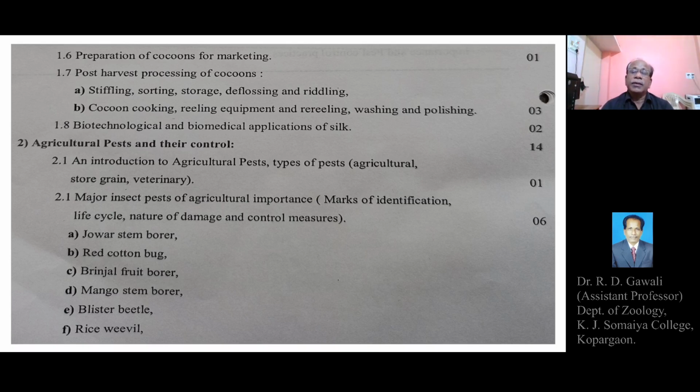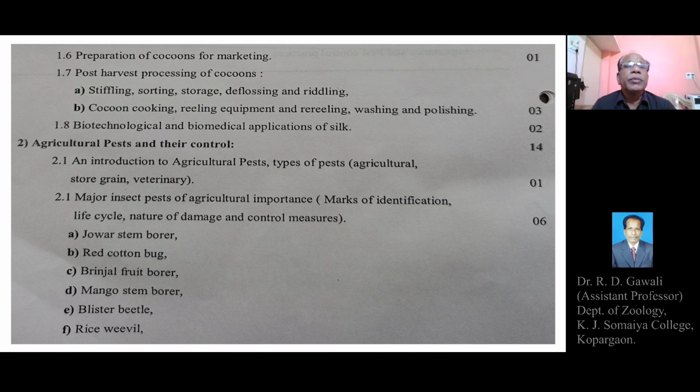So they are also attacking the cocoons, damaging them and causing loss of the cocoons. They can feed or breed onto the cocoons and larvae, and thus ultimately cause loss of larvae and loss of cocoons in sericulture. So it is essential to study these diseases and pests so as to control them whenever they occur in the rearing house.